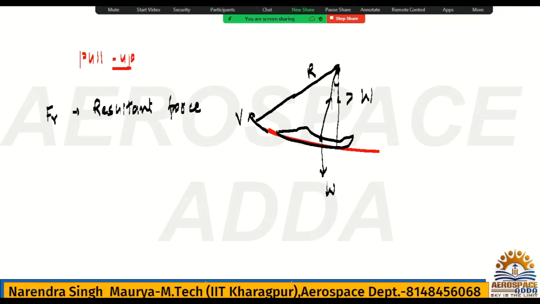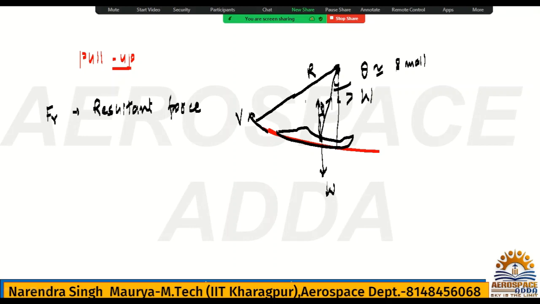So this angle is theta, and this theta is very small. This theta will be very small.